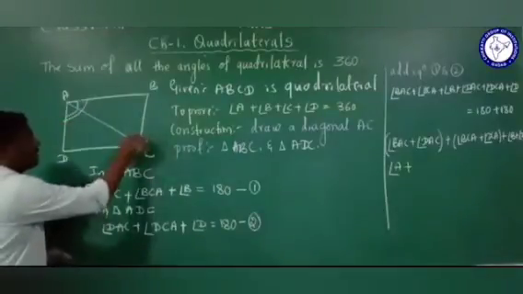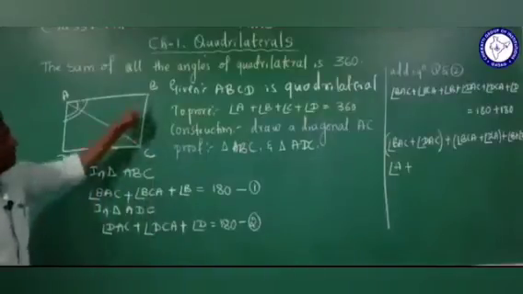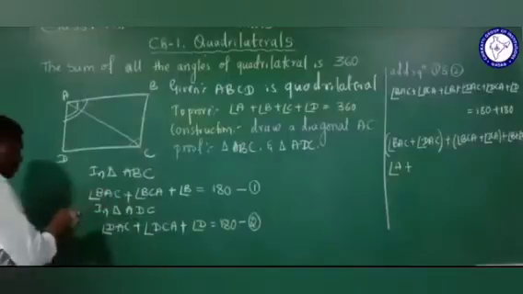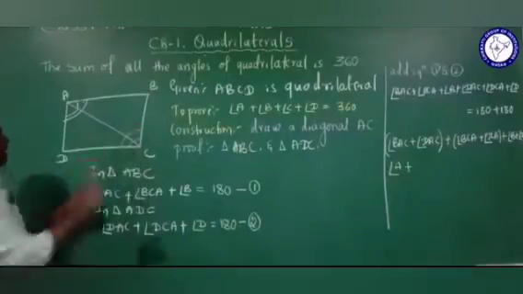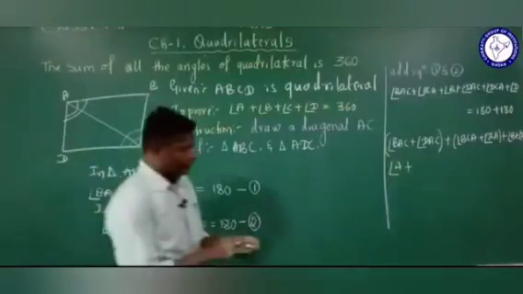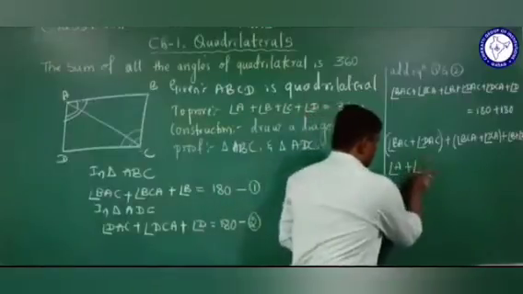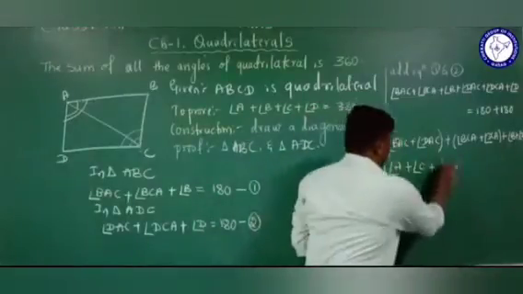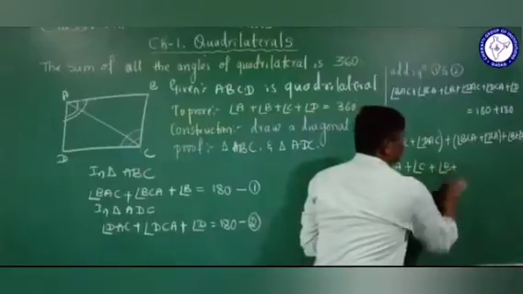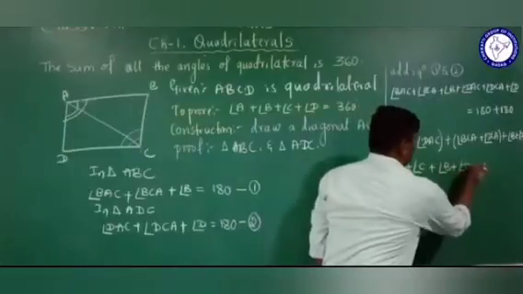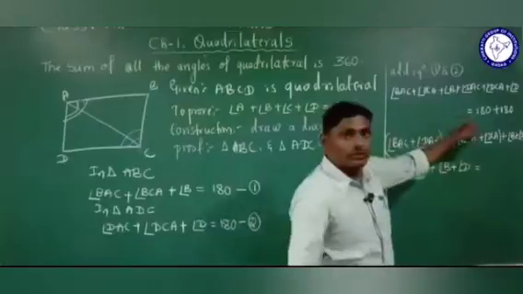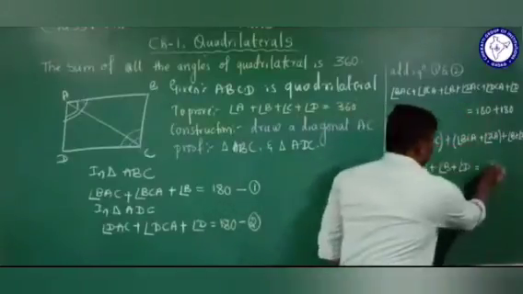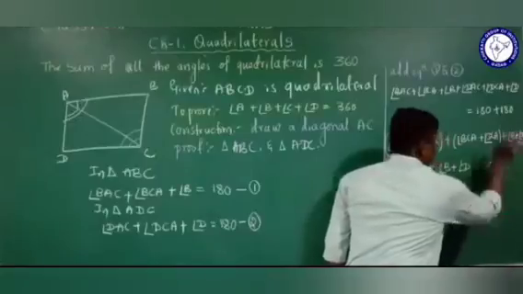By adding these two angles we get one complete angle, that is angle C. So I wrote here angle C, and the remaining two angles, angle B plus angle D. Let's move to the first one. 180 plus 180, 360 degrees, right?